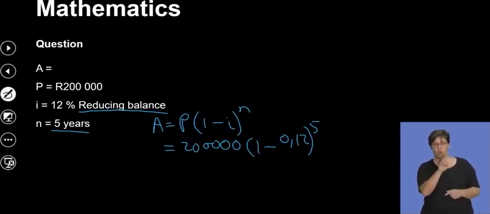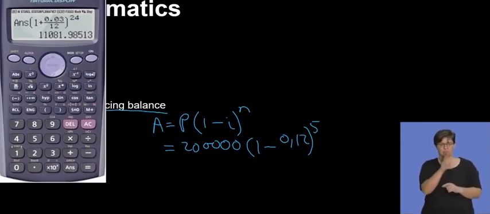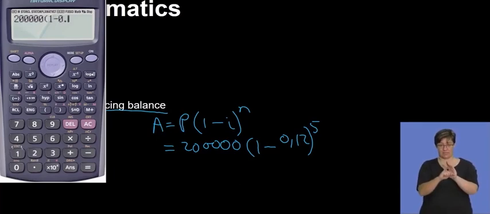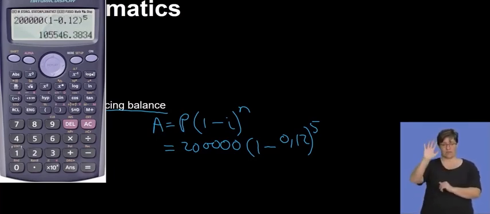Right, so if you go to our calculator here, you can see that we're going to have the 200,000, which is the value of the vehicle, times 1 minus the interest at 12%, to the exponent of 5.